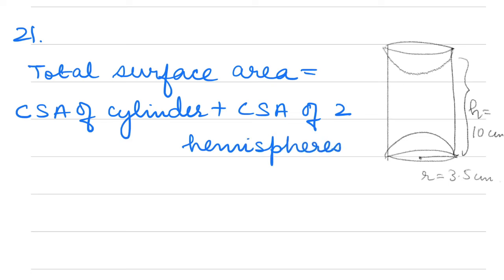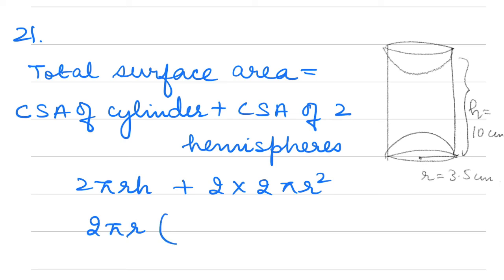So now curved surface area of cylinder is 2 pi r h plus 2 into 2 pi r square. Okay, here radius is same, so we are not differentiating between them. Now 2 pi r is common, h plus 2 r.